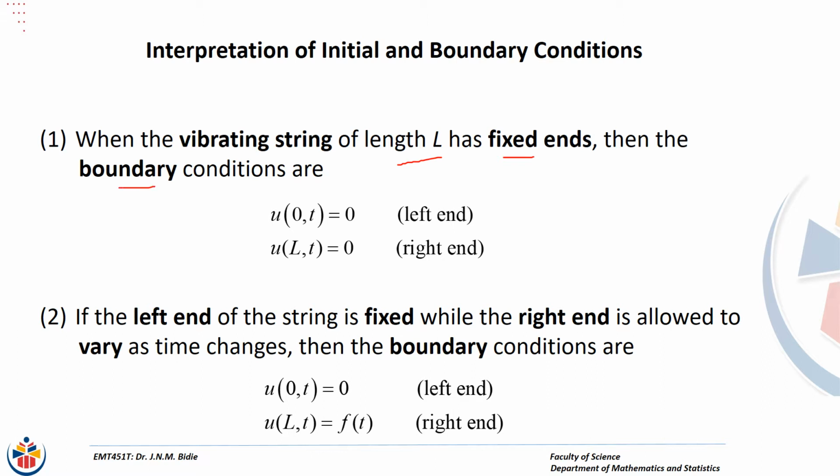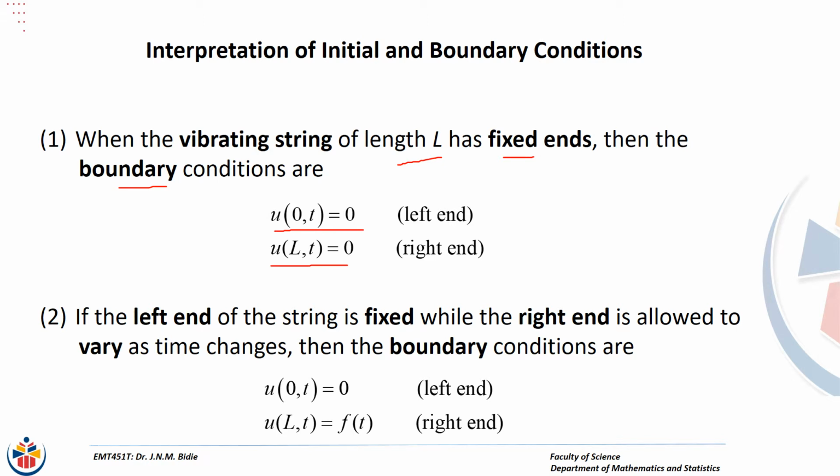What happens at the beginning and what happens at the end of the string. So now we're told that the ends are fixed, meaning that we'll have u of 0, t equal to 0 for the left end, and for the right end, that means at the far end of the string, we'll have x equal to L.